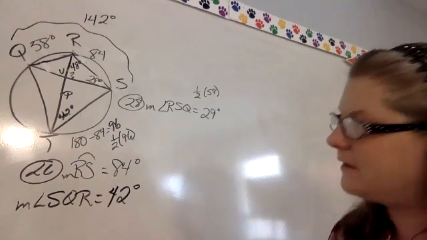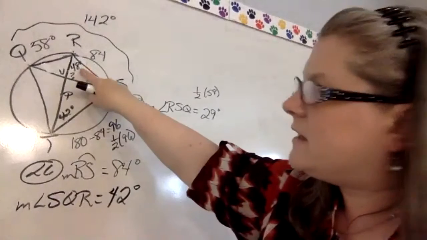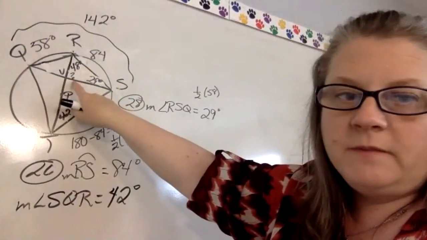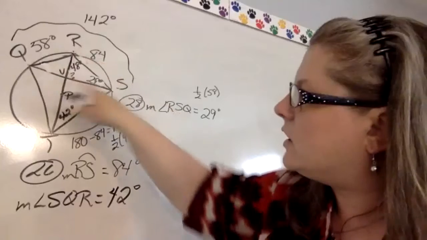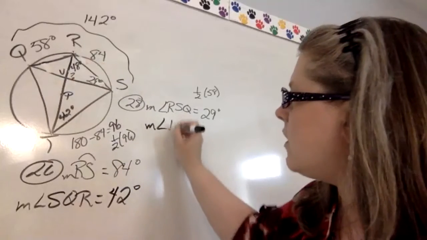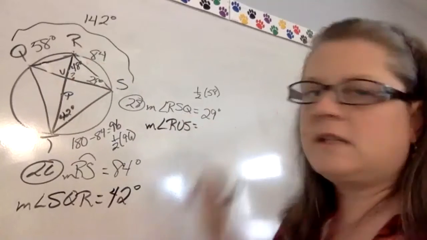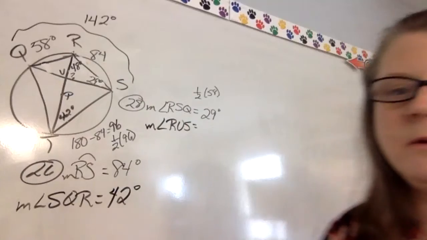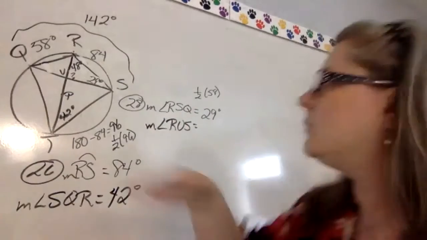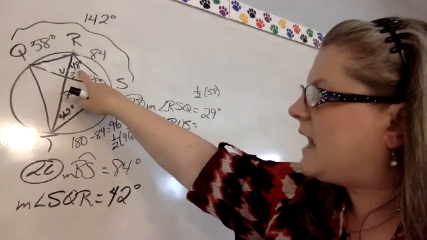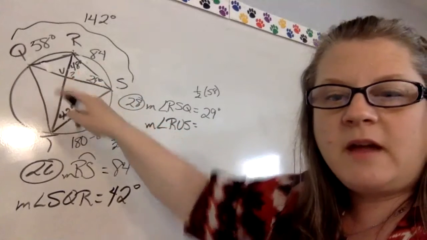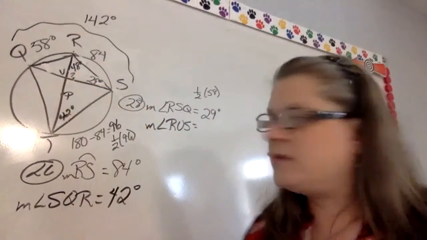Are we done yet though? No, we're still not done because that was 48 degrees. But is that the angle that it wanted? No. The angle it wanted was angle RUS. To find the measure of angle RUS, we know that the angles in a triangle always add to equal 180 degrees. So we have, this one was 29, this one was 48. So we can find this one now because we can add and subtract from 180.